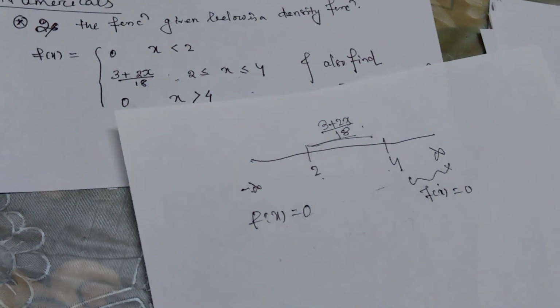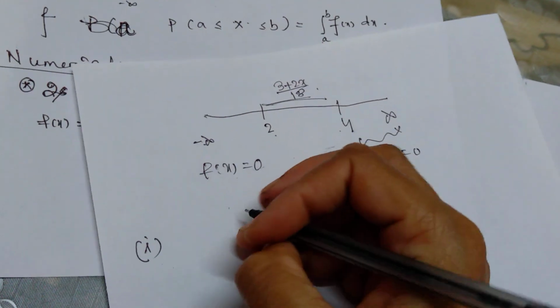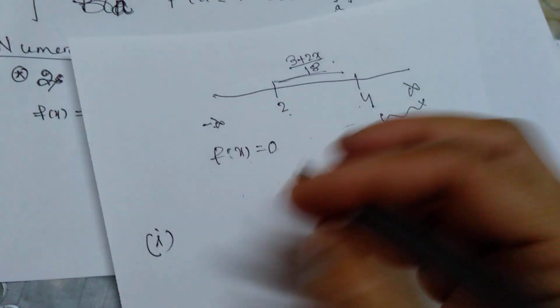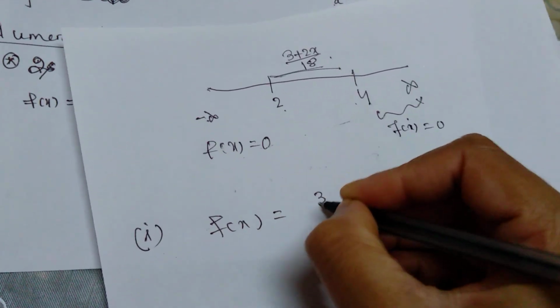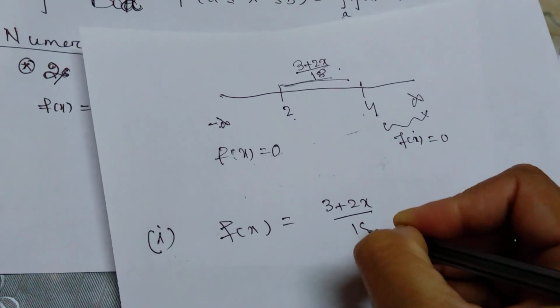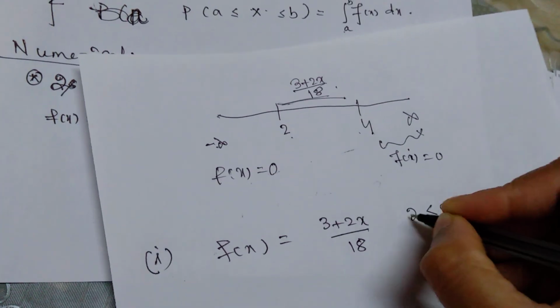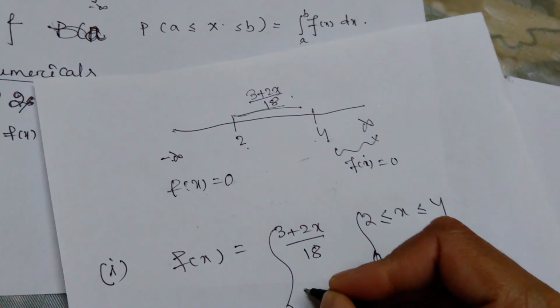Okay, so what are the three conditions? The first condition is to check whether the function is integrable or not. So you know that f of x is equal to (3 plus 2x) by 18 for 2 less than or equal to x less than or equal to 4, and 0 otherwise.